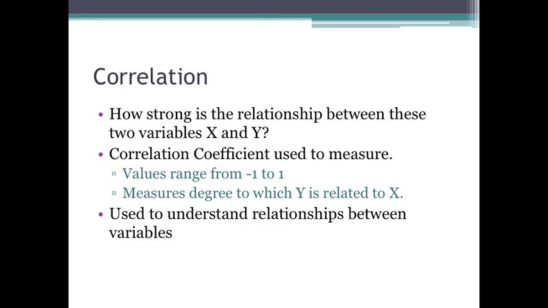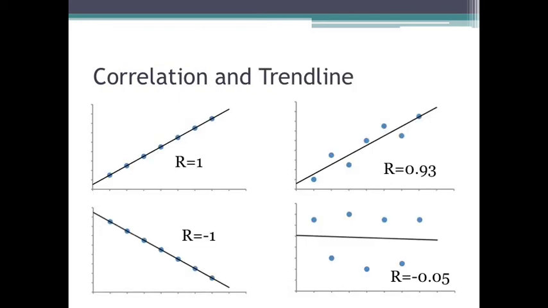The values for correlation range from -1 to 1, and it measures the degree to which y is related to x. We use it to understand the relationship between these two variables, x, time, what we're using to create the forecast, and y, demand, what we are trying to forecast. Now, these graphs represent what kinds of correlation we would get given a set of data.